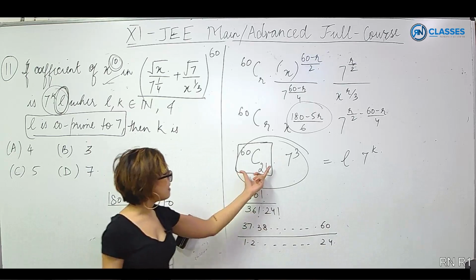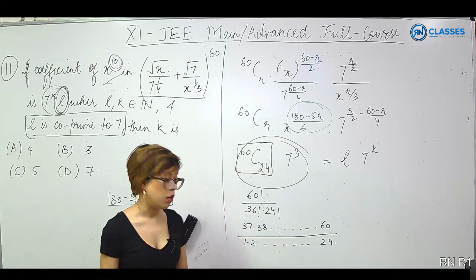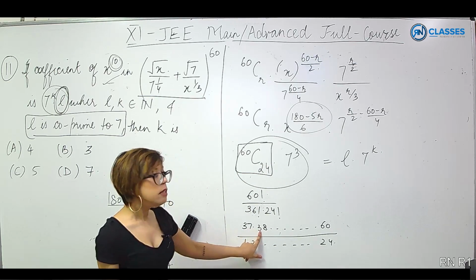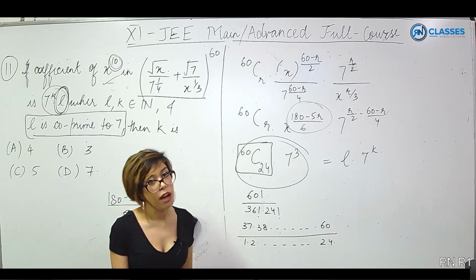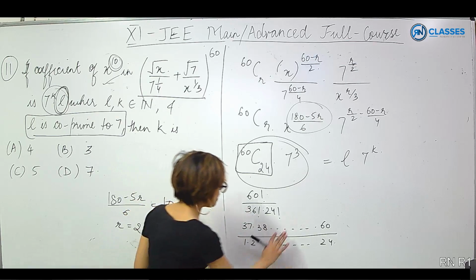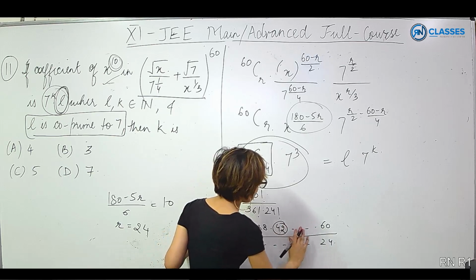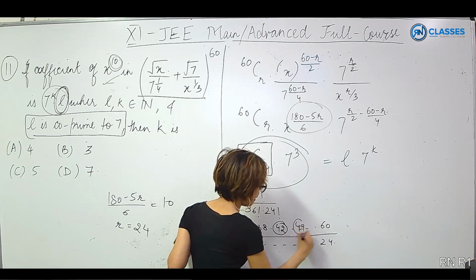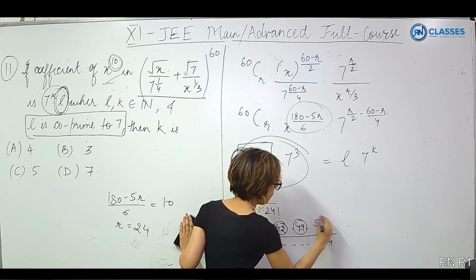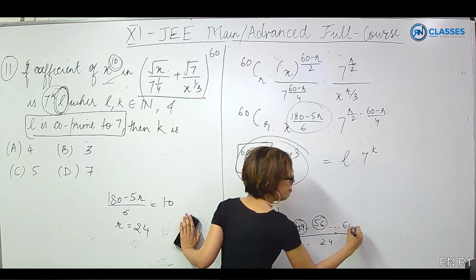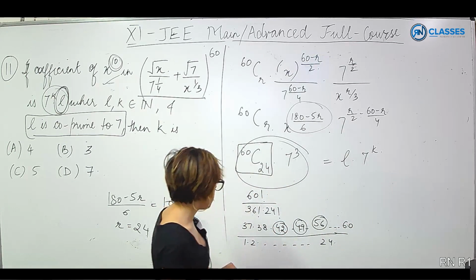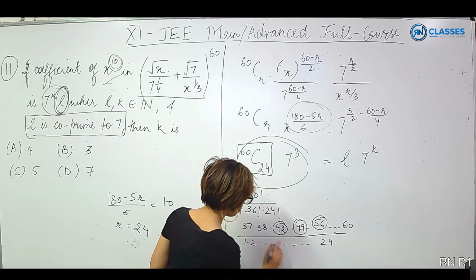I'm analyzing whether this number has a factor of 7 or not. A factor of 7 will be there in the multiples of 7, so I will have 42 here. I will write only those factors. Then I will have 49, then I will have 56.